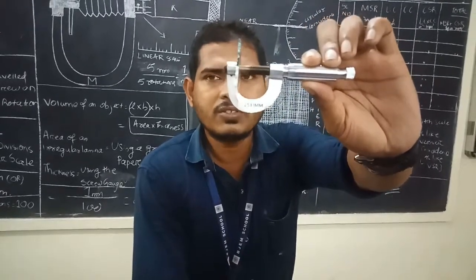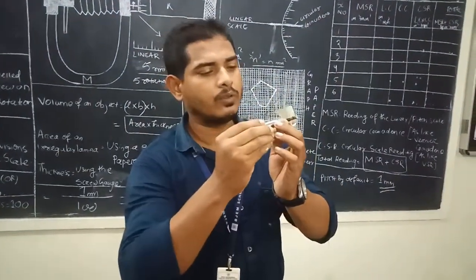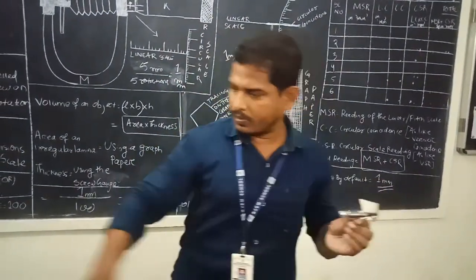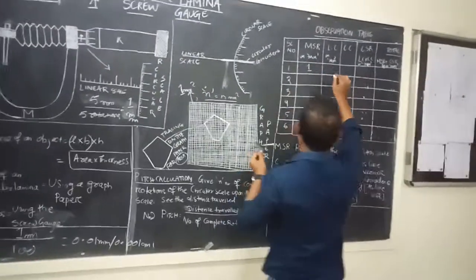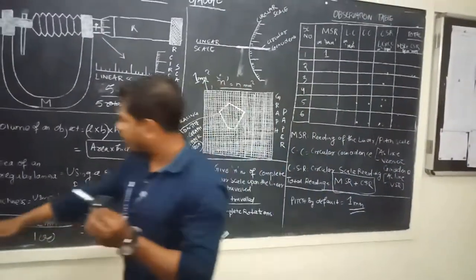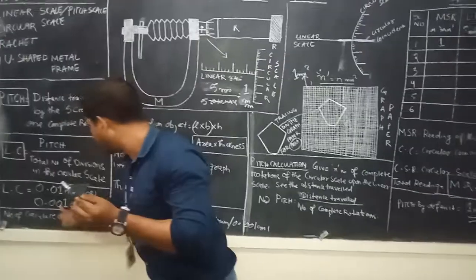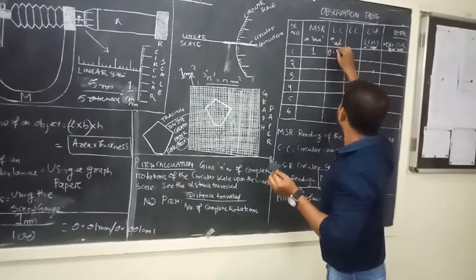So we will take the lower reading, that is 1 mm. So write here 1. Then the least count we have got from here is 0.01 mm, or 0.001 cm. So we will use 0.01 mm.